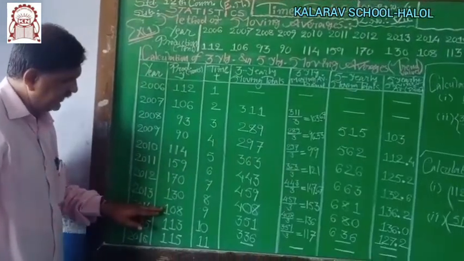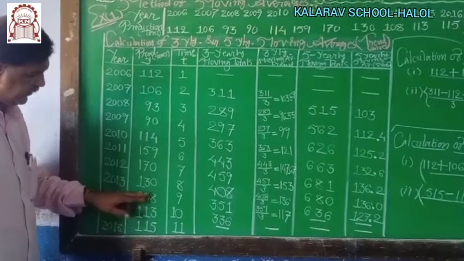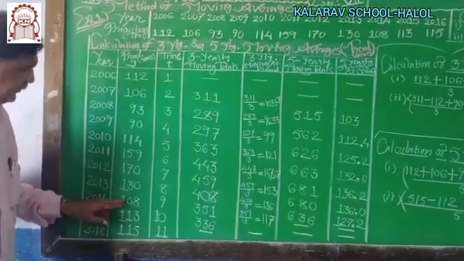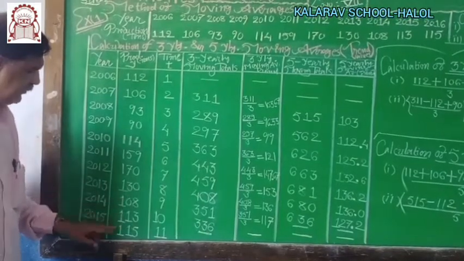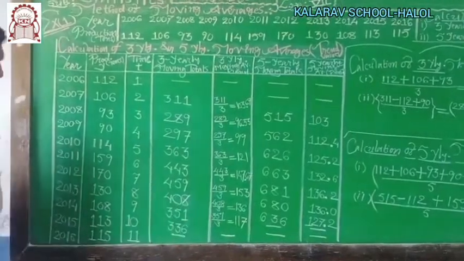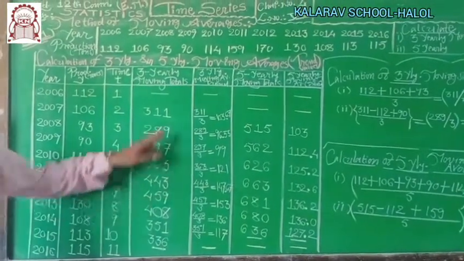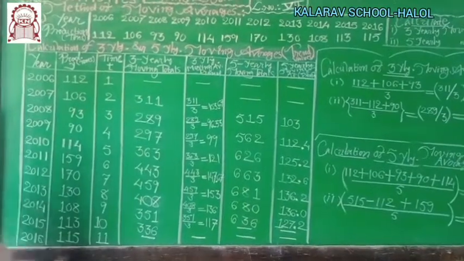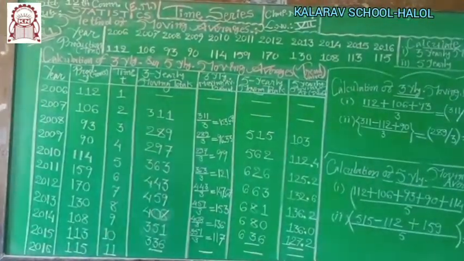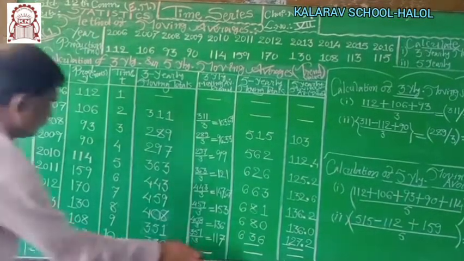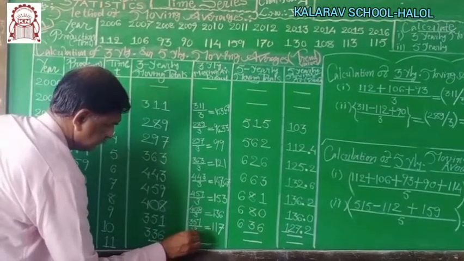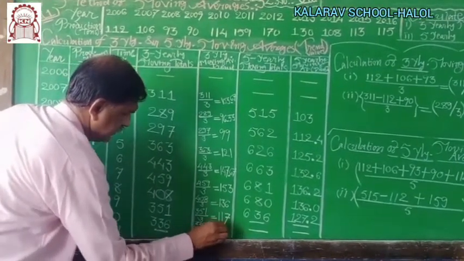See, 108, 130, 115. 8 plus 3, 11, 11 plus 5, 16. 1 plus 1 plus 1, 3. This way 336. Also calculated this way, 336 divided by 3 gives 112.